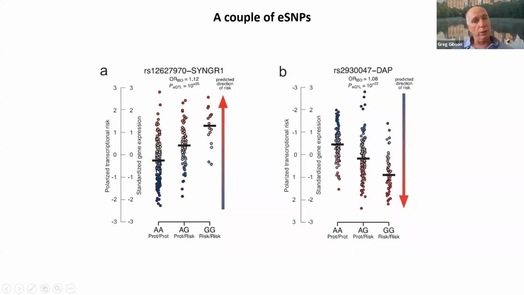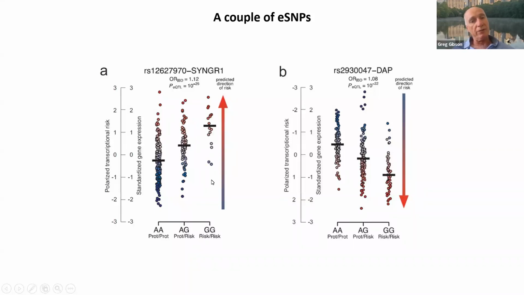If you do a statistical test of that difference in gene expression, the eQTL effect is significant at the level of P equals 10 to the minus 20, 10 to the minus 25. That's unbelievably significant: if our genome-wide association threshold is typically 10 to the minus 8, then this is many, many orders of magnitude greater than that.